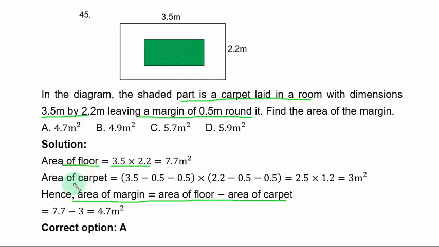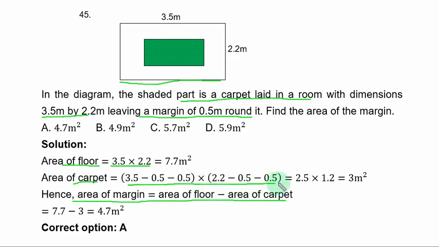For the area of the carpet, the margin needs to be subtracted from the dimension. The margin is subtracted twice from the dimensions, and you have it in this form.